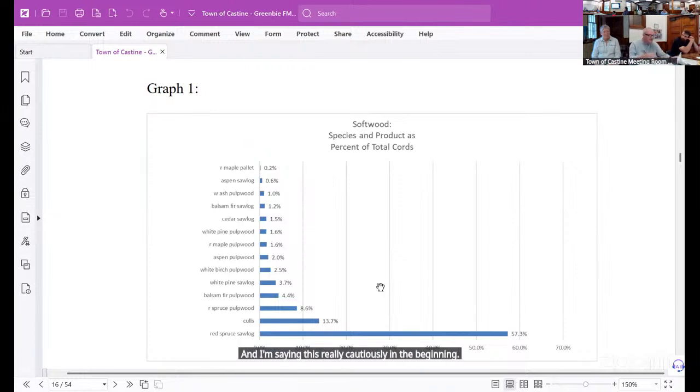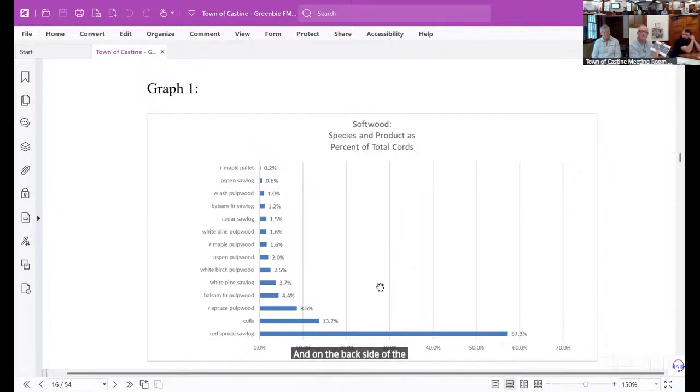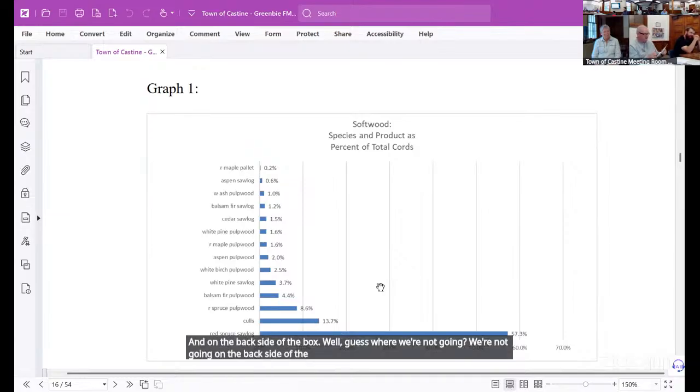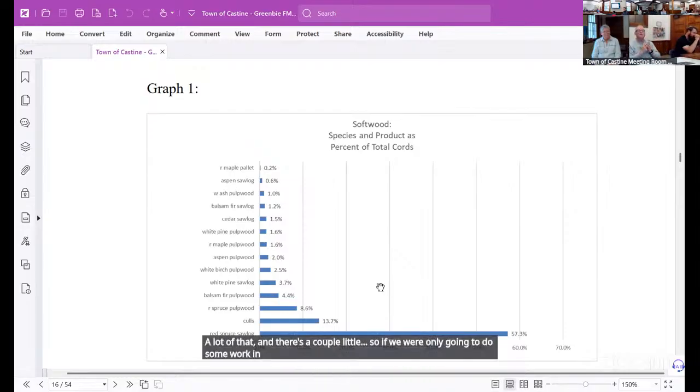The spruce stands, we don't have the maps all here, but there are 2 big ones, just above your transfer station opening and on the backside of the bog. Well, guess where we're not going? We're not going on the backside of the bog. So if we were only going to do some work in the spruce, we would look a little more carefully.